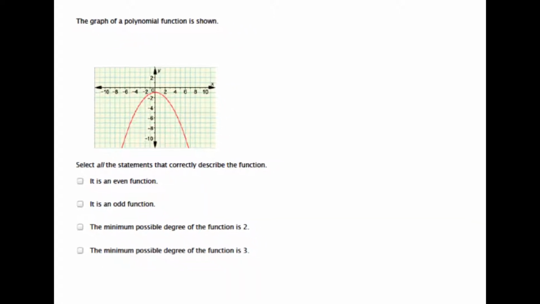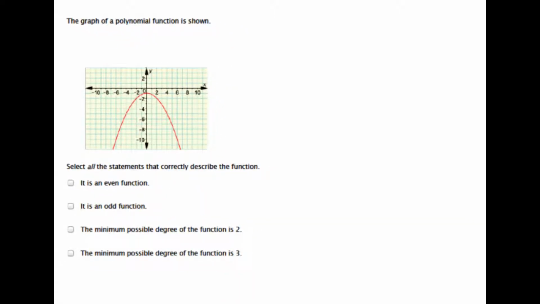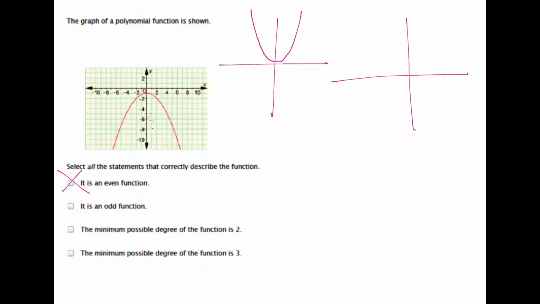This one I didn't get a chance to quite cover with you, but just so you know, even functions are symmetrical over the y-axis, like that one. So this one right here happens to be even. Odd functions are symmetrical over the origin, like something like this. It needs to go through the origin, sorry.